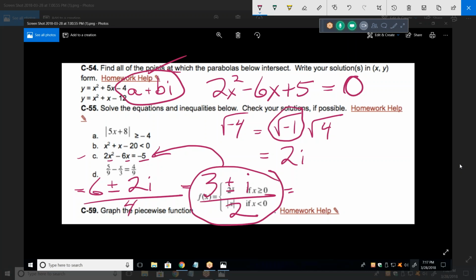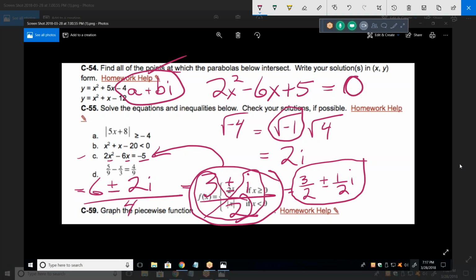How about we just split it up into two fractions? There's that fraction and there's that fraction. So it's 3 halves plus or minus 1 half i. And there it is in a plus bi format.